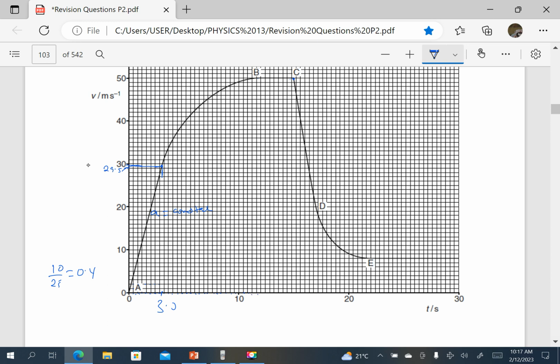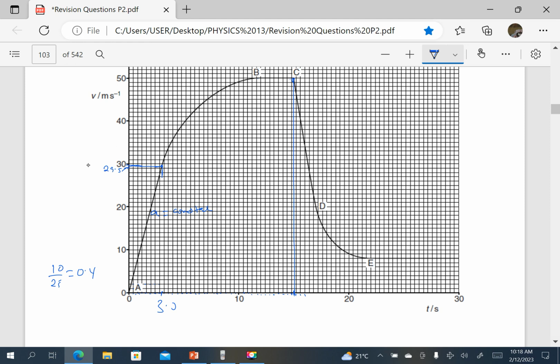Counting the boxes, 15 is in the middle of this box, and then 17.